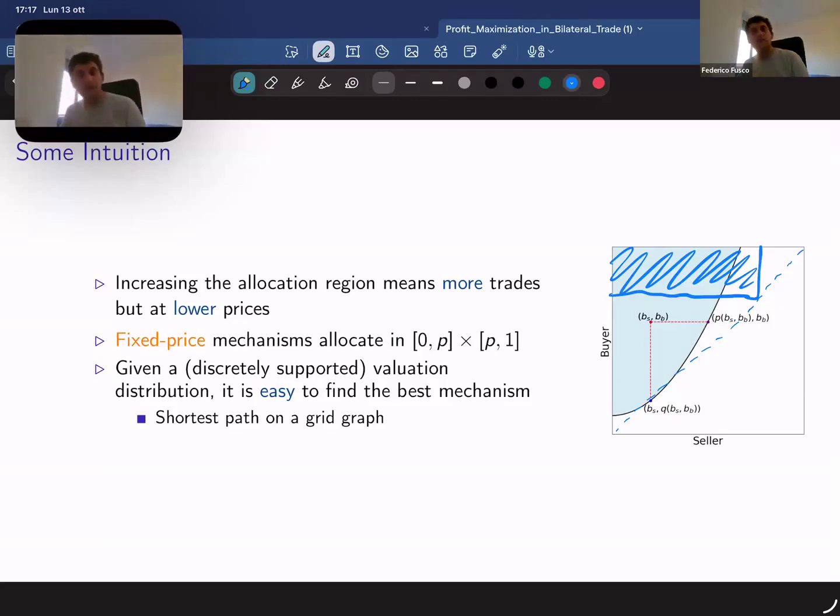So there is a way to massage the distribution in such a way that you have a finite distribution, a finite support, you lose something, and then on this finite support, you just need to find a shortest path on a suitable graph. This is a cute observation, but this is why, if you know the distribution, the problem is not that challenging.